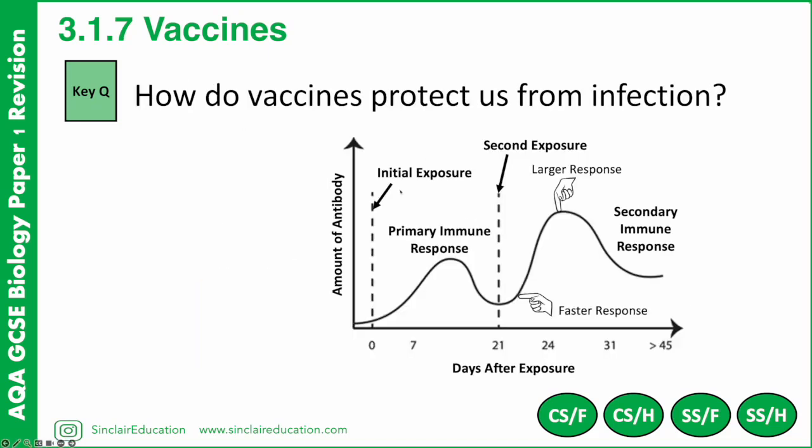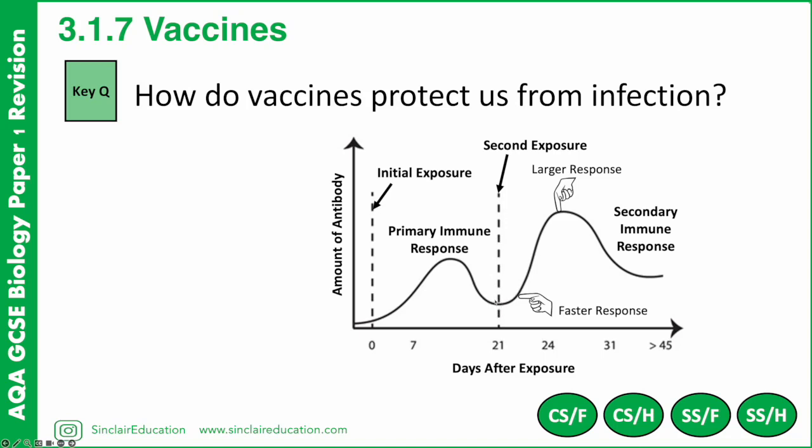So what we find is that when we have our first vaccination, we don't have any of the antibody or a very small amount of it in our blood. But after our initial exposure of that antibody, we will gradually produce the antibody, which will then kind of decrease. But upon re-exposure, so let's say this person has now come into contact with the actual pathogen, what we'll find is that the response to this is faster.